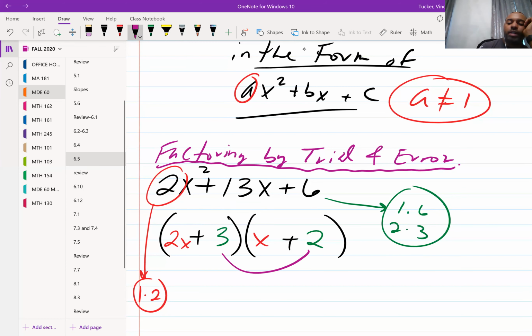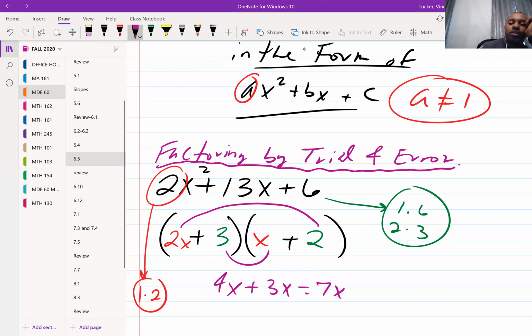I already know that 3 times 2 will give me 6. That's why I chose these numbers. But what I have to check is what I call a smiley face, to get that middle number. So 2x times 2 is 4x. 3 times x is 3x. So that gives me 7x. So I know that this is not correct because I need to get 13x.